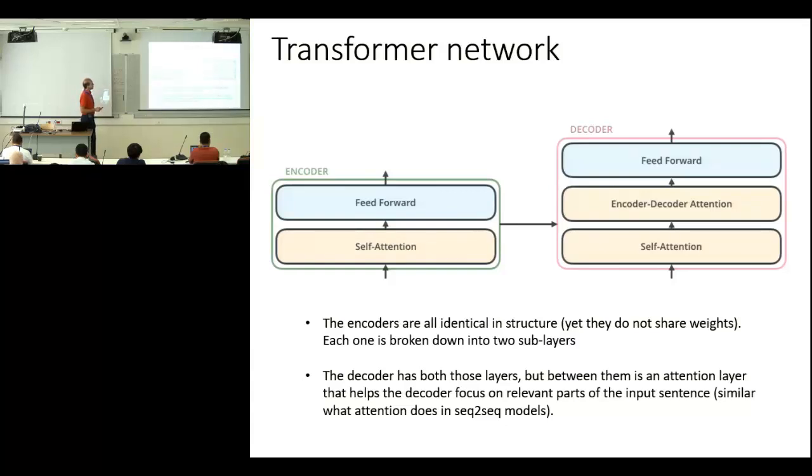The encoder consists of a stack of self-attention and feed-forward layers, while the decoder consists of these two layers again, plus one more layer which is responsible for attending to the state of the encoder. For example, this is used to connect the encoder with the decoder.